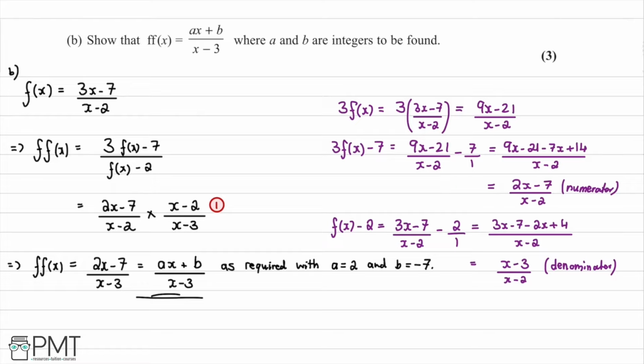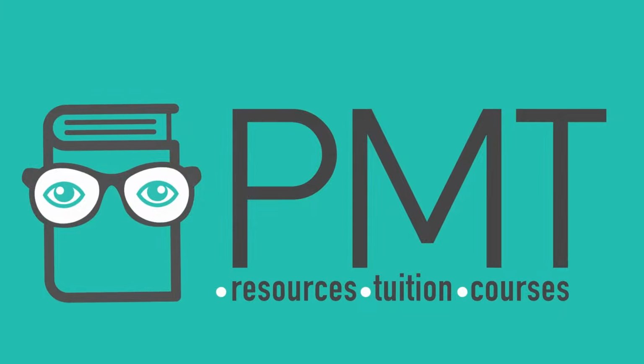We then achieve our second mark for tidying things up and cancelling out our x minus 2's, and then we receive our third and final mark for rounding back to the question and stating this conclusion here and looking back at (ax plus b) over (x minus 3).